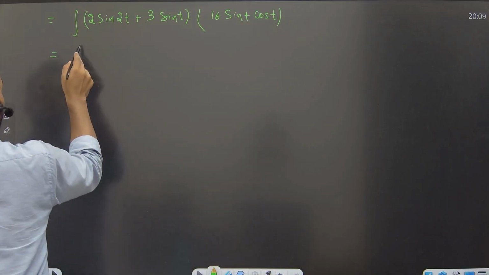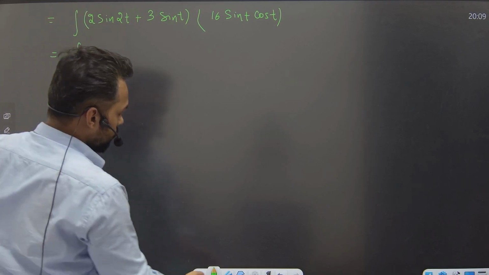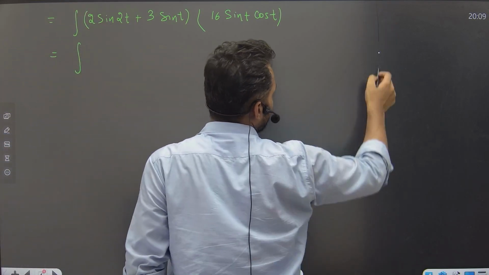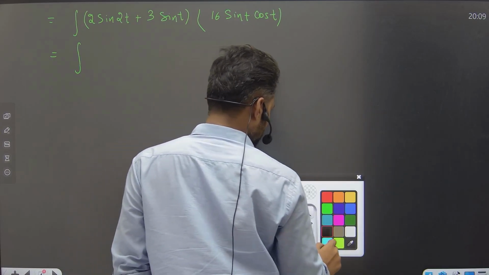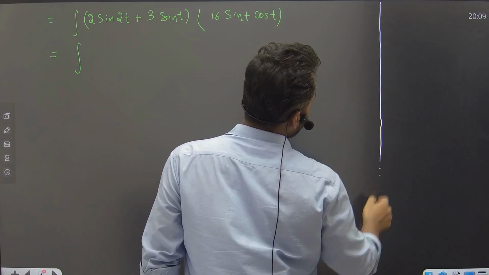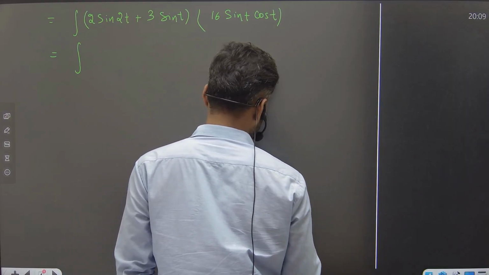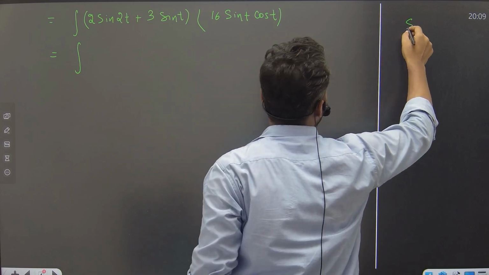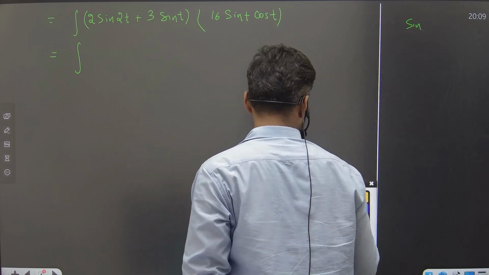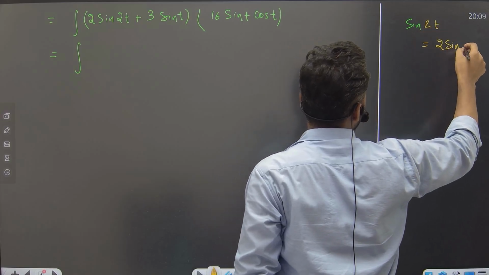Now on expanding this particular format, what we'll get? First I'll tell the concept also here, students. We are applying the formula sin 2t equals 2 times sin t cos t.